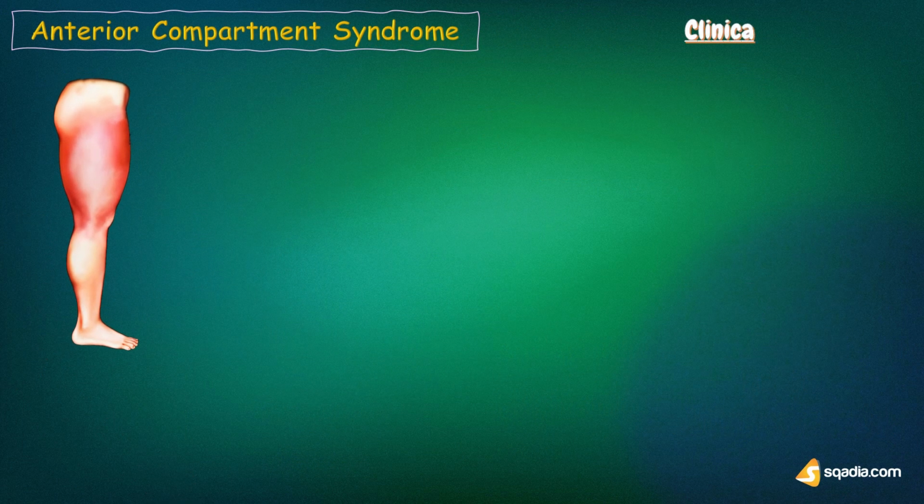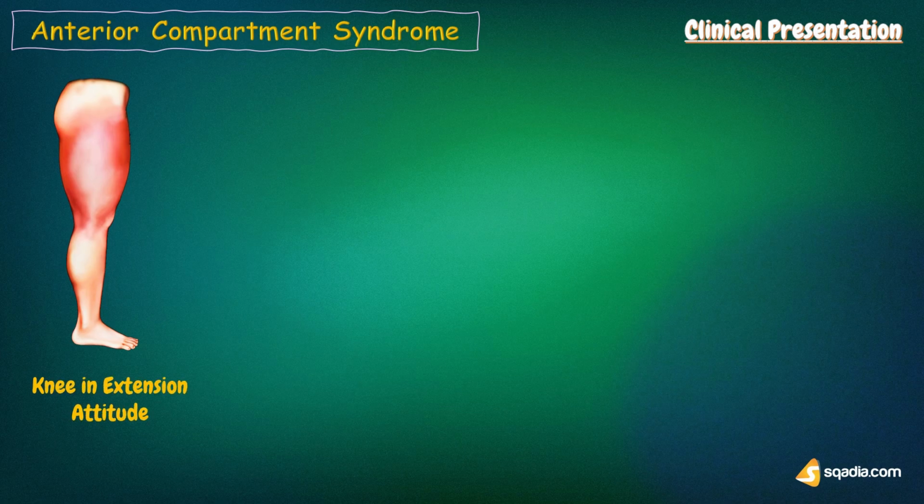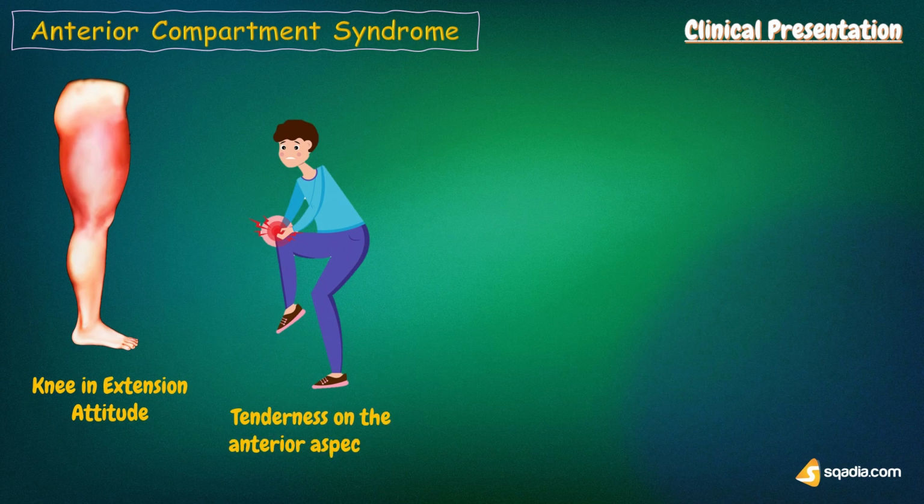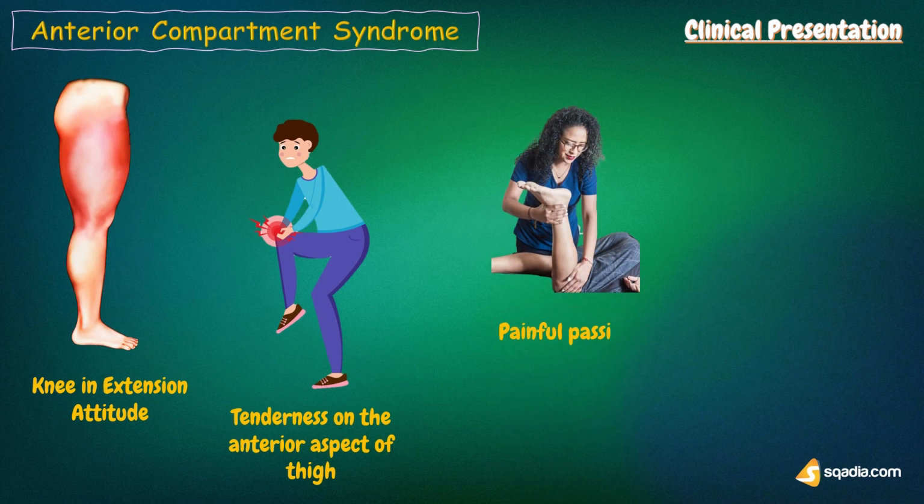Clinical presentation of anterior compartment syndrome: knee in extension attitude, meaning that the knee joint is straightened out and the thigh and lower leg are in a straight line. Severe tenderness over the anterior aspect of the thigh, but it is less over the medial aspect. Pain during passive flexion of the knee.